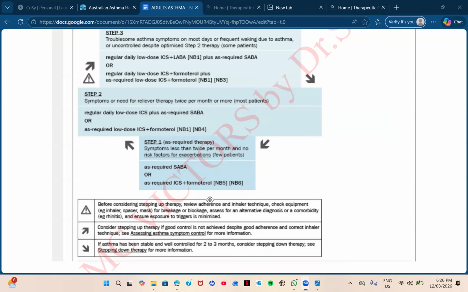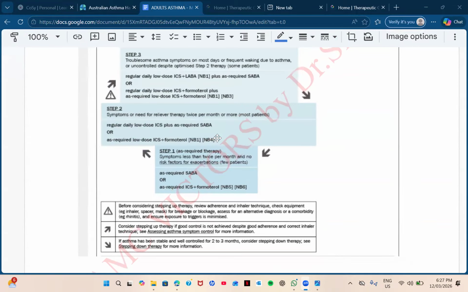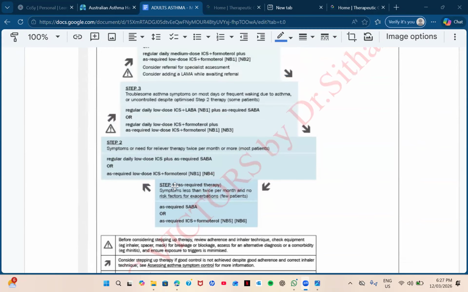We did that emergency question as well during our theory session. They are changing it, but always go with ICS plus formoterol.